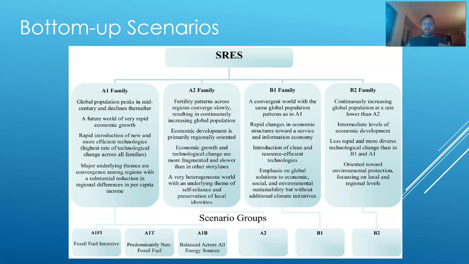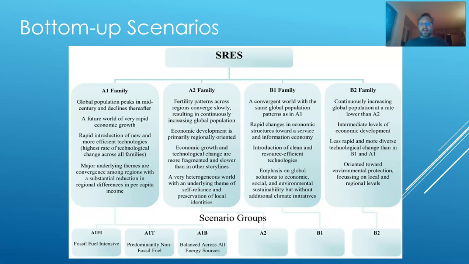So those are all things that might happen to our world in the future over the next 100 years or so. And you'll see that one, they've even broken it down into 3 sub-scenarios, depending on whether this rapid economic growth that they're talking about is primarily based on fossil fuel energy or other forms of energy, solar, wind, those kind of things, or some combination of that.